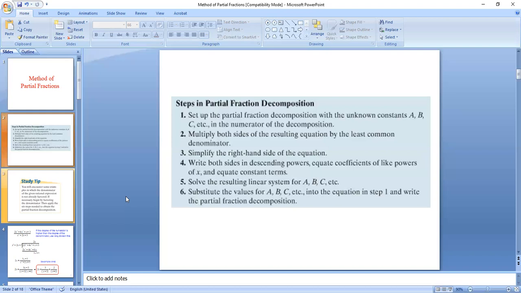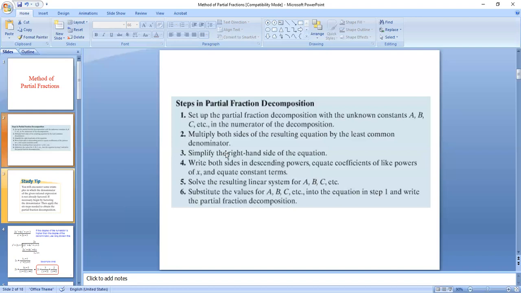In the process, class, you will be replacing the sum of the partial fractions on the right side of the equation by the factor that is not present in its denominator. That is the purpose of step 2. You will understand it better when we go to the actual presentation of the solution.